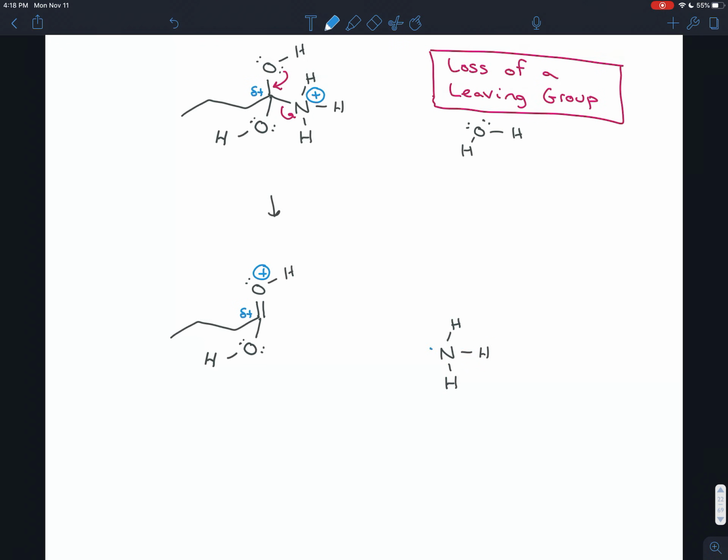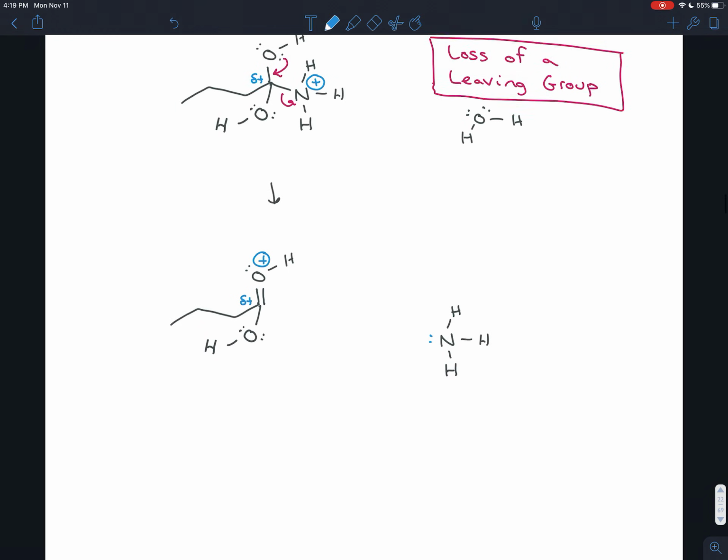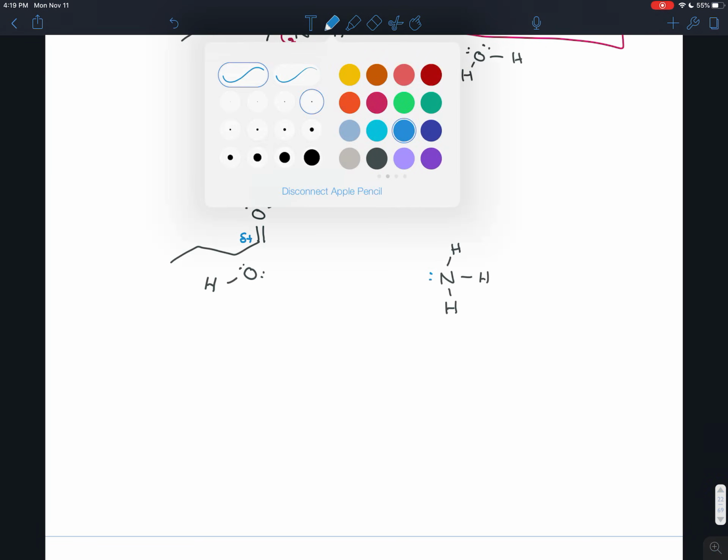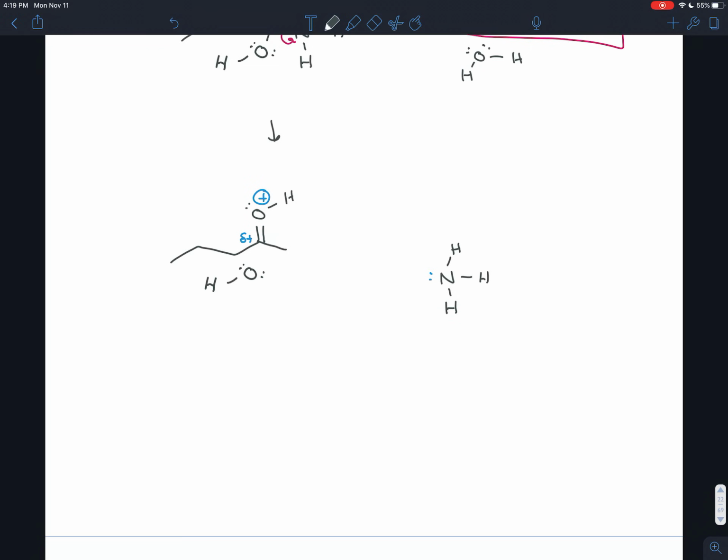When it takes the electrons with it from that bond, it stabilizes the positive charge, so now that's going to act as ammonia. And that's really our product. I'm just going to draw this in a way that's more reflective of the true molecular shape, which is trigonal planar, so I'll have the oxygen and the hydrogen there. So moving that there.